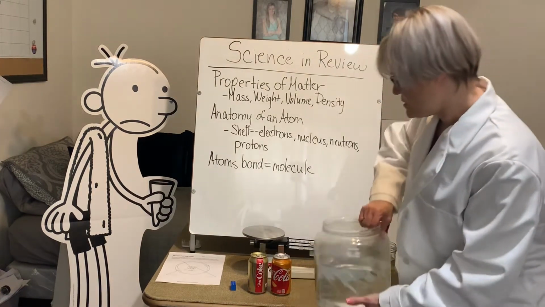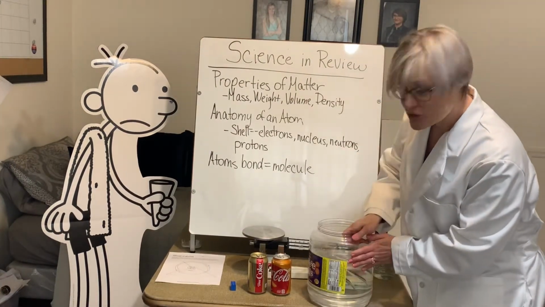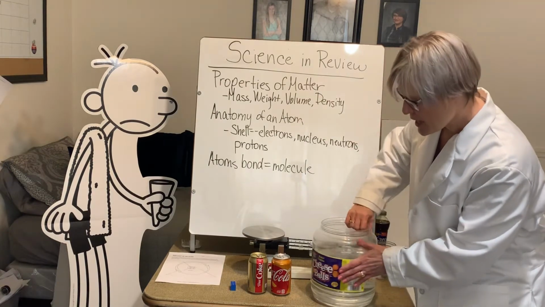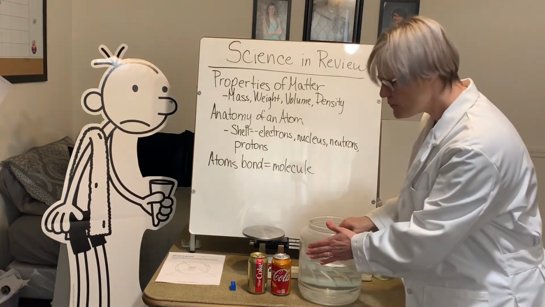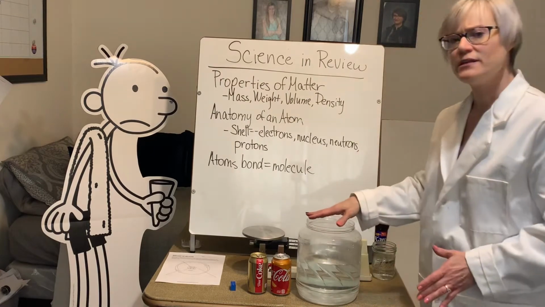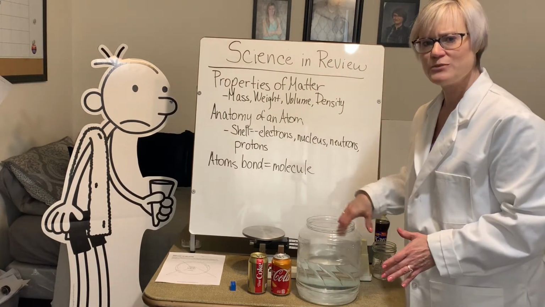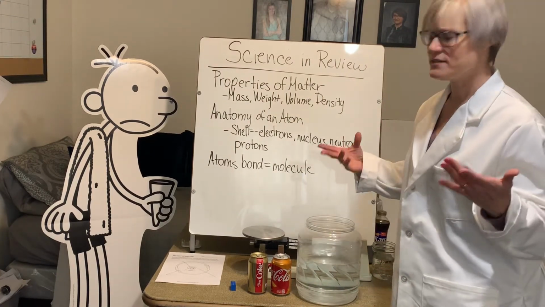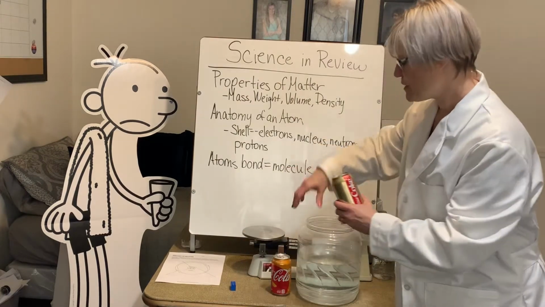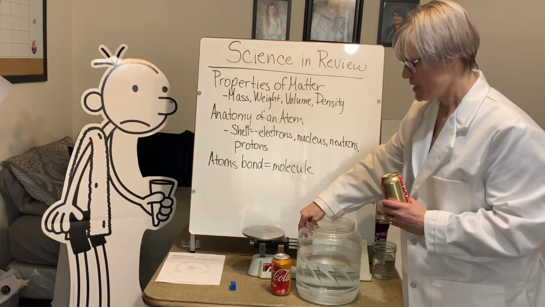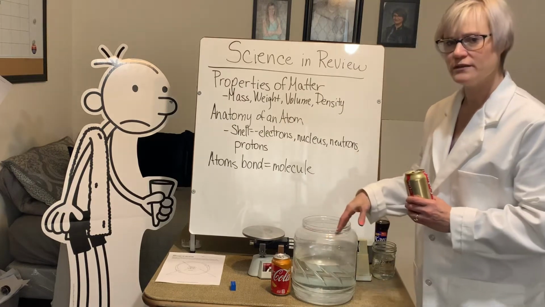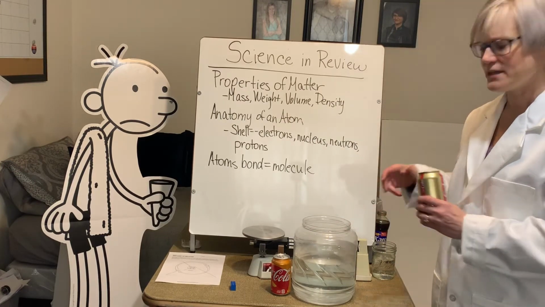So I take this great big thing that used to be full of cheese balls and I cleaned it out, and I'm using that to determine the density of these two objects. Again, I'm doing this very simply. I'm going to put them both in the water and see which one is less dense.